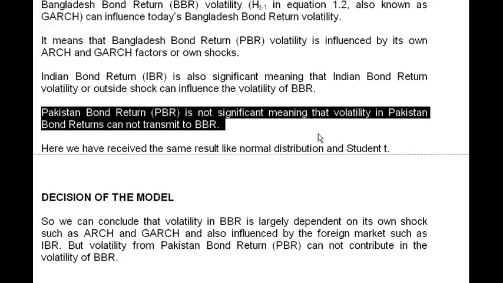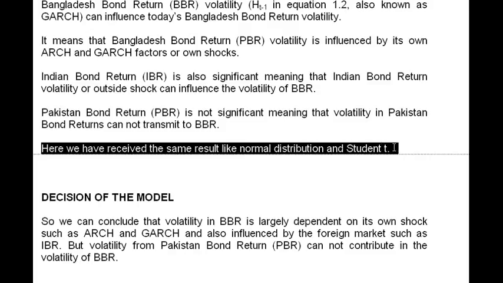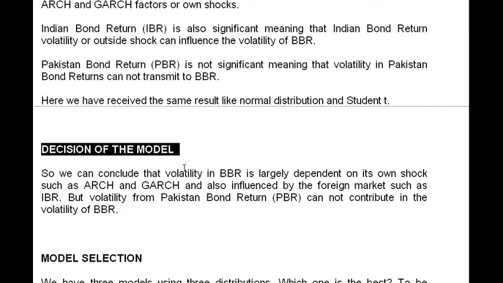So here we have received the same result like normal distribution and student T. Okay, so we have estimated GARCH model using three distributions, and what is our result? The decision of the model or the result.